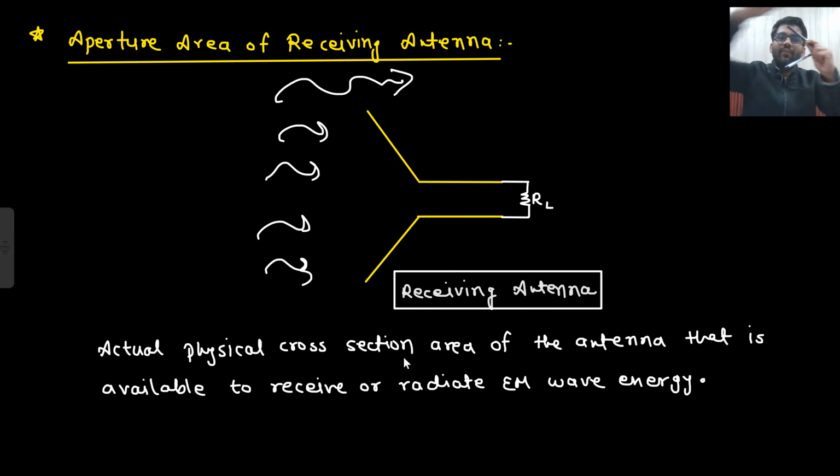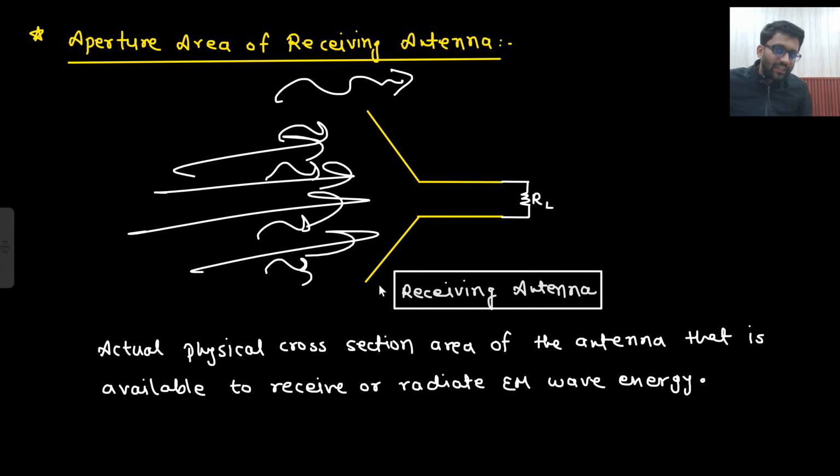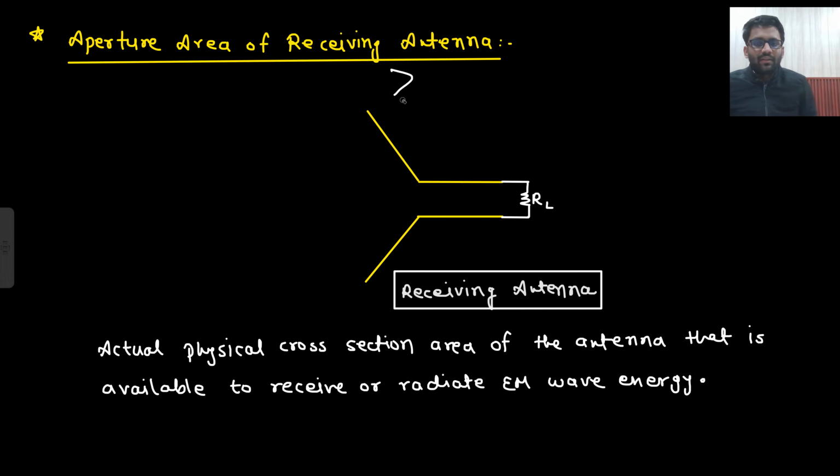It cannot take the EM wave which is passing upward or downward. So it has a certain aperture area. The actual physical cross-section area of the antenna that is available to receive the radiated EM wave energy is known as the aperture area. This is the definition of aperture area.